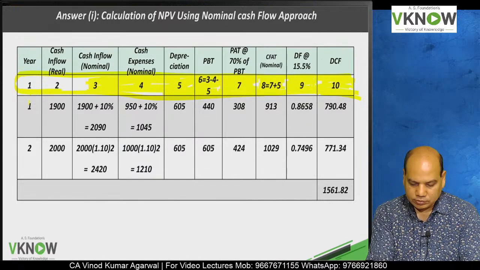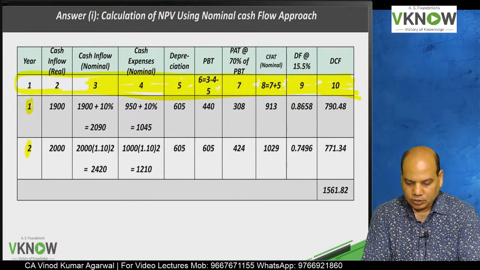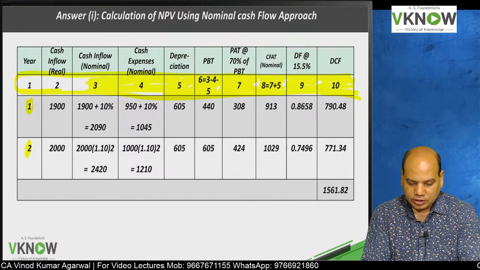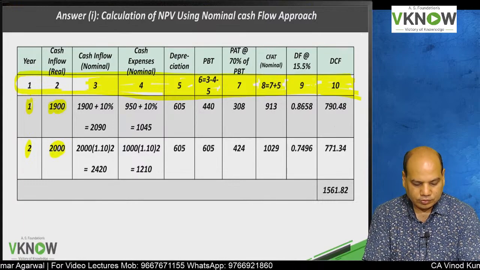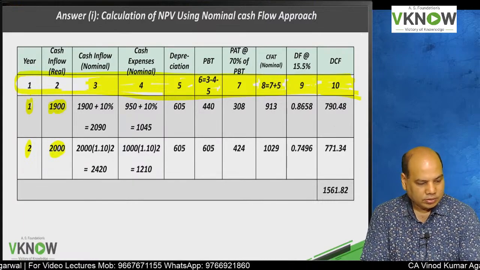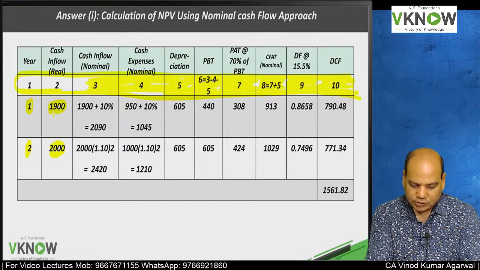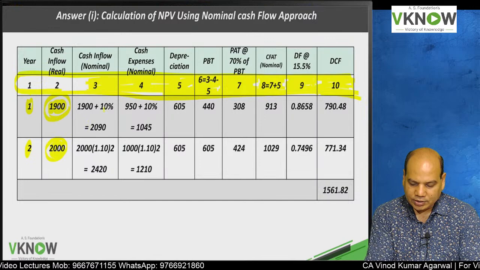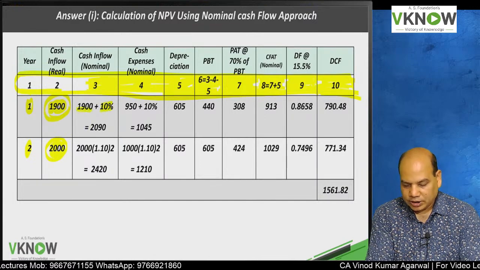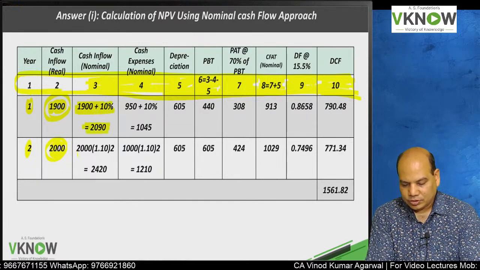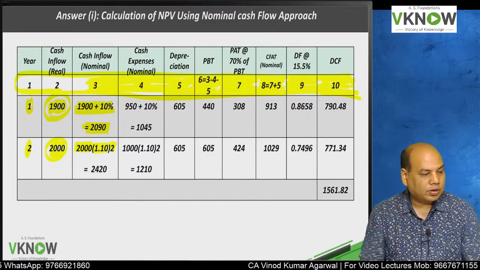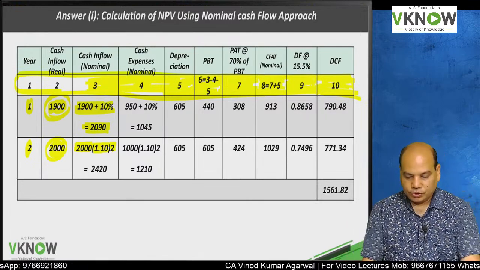Okay, so we'll go column by column. First column write year 1, year 2. Second column write cash inflow 1900 and 2000. These are real cash flow. Add 10% inflation. 1900 plus 10%, 2090. 2000 into 1.10 square, that is 2420.